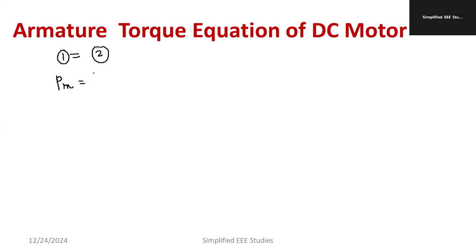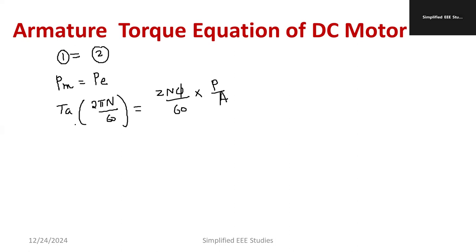So PM is equal to PE. That is, TA into 2 pi n by 60 is equal to the electrical power EB into IA, which is Z n phi by 60 into P by A into IA. Let me keep TA on one side and move the rest of the terms to the RHS: Z n phi by 60 into P by A into IA, multiplied by 60 divided by 2 pi n.